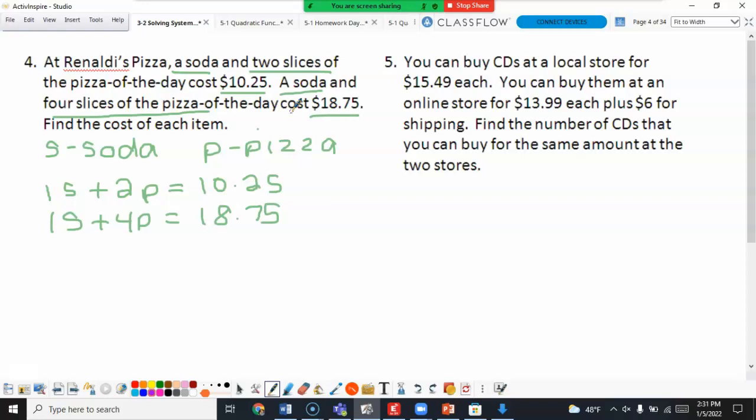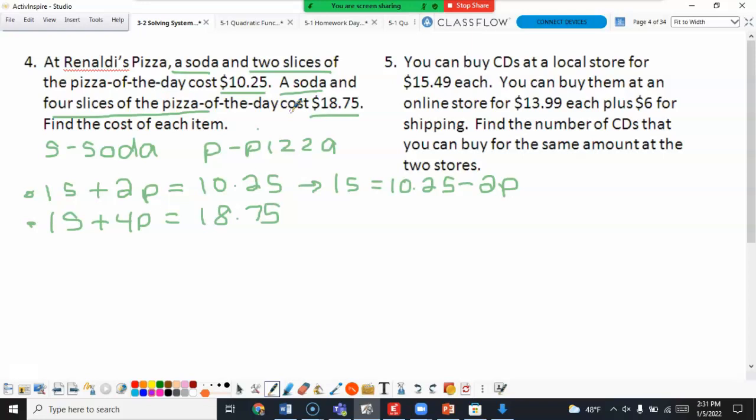And again, we want to solve for the variable that's easier to simplify. So in this case, you could solve for soda in either equation because they both have coefficients of 1. So we could say that 1 soda equals $10.25 minus 2 slices of pizza.